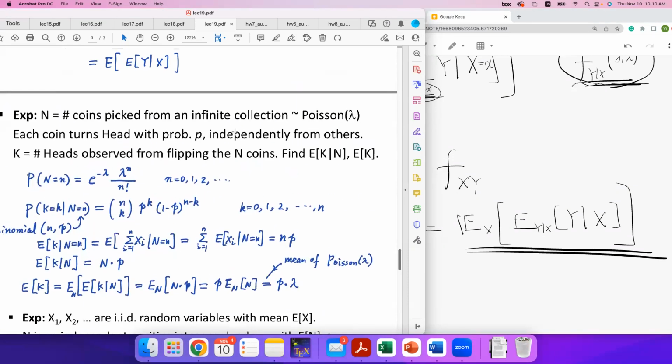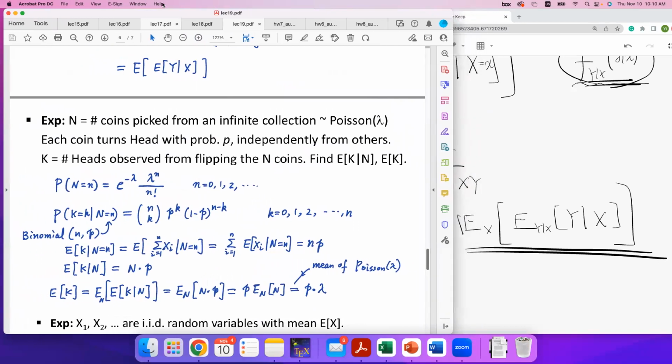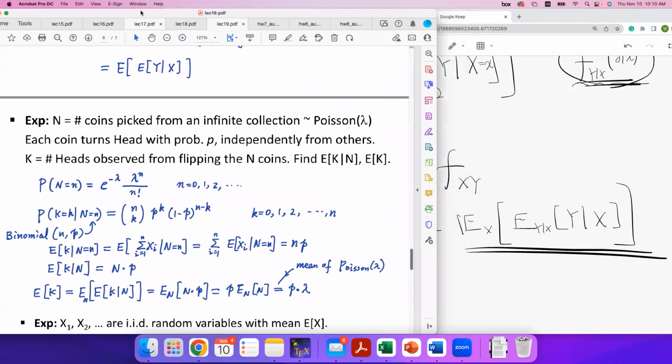We have two examples to illustrate the importance of this iterated expectation. In fact, we have been using this concept in many of the previous problems. So let N denote the number of coins picked from an infinite collection, Poisson(lambda).